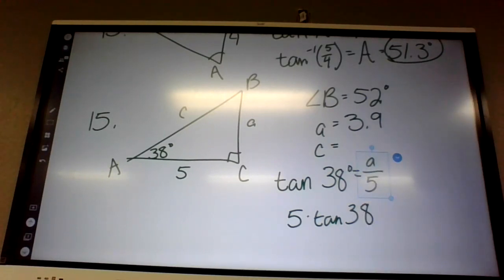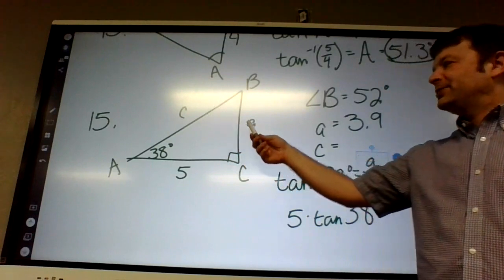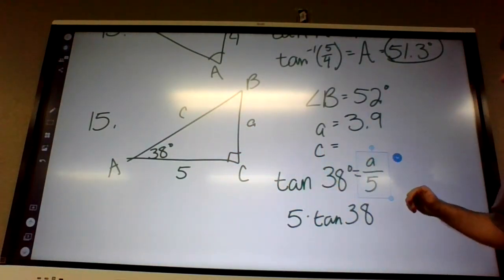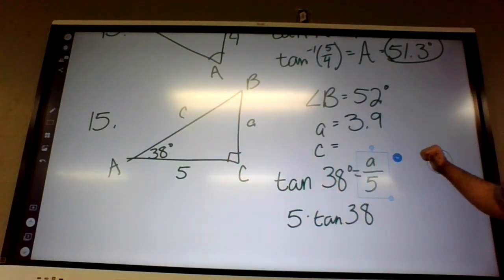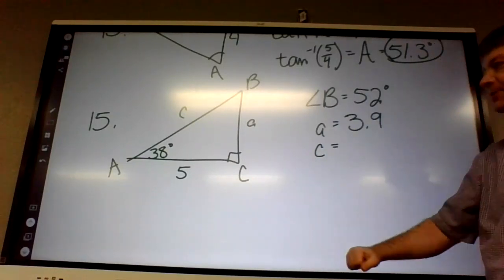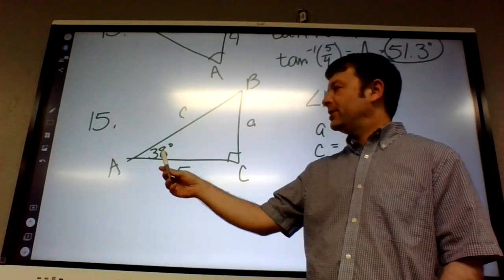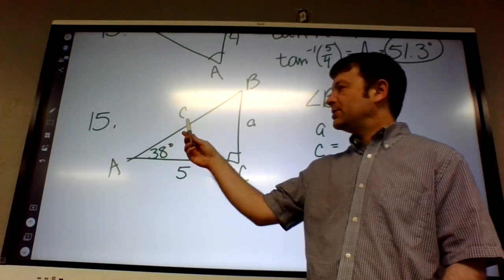Okay, how would I set up for C? Actually, since we have A, technically you could do Pythagorean theorem, but since A is a rounded off answer, it might be more accurate just to do trigonometry to make sure you get an accurate answer for C. So, starting with my angle down here, C is the what side?